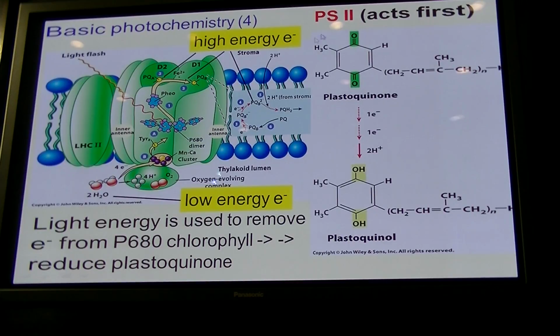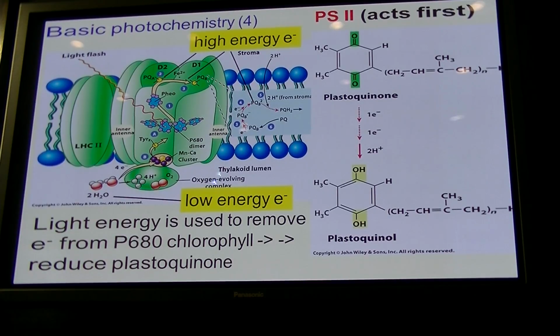This is how the quinone gets reduced. These two oxygens take up an electron and a proton, each has a full hydrogen. So that's the full reduction of plastoquinone. This is really the same as what is going on with ubiquinone in the mitochondrion, which is reduced by complex 1 or complex 2, remember?